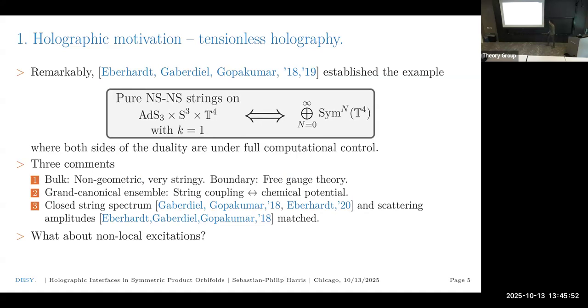Then another comment about this grand canonical ensemble. So symmetric product orbifolds, Sym^N, are, as I will review, S_N gauge theories, and the N here is the size of the gauge group. And typically in string theory, I suppose you would assume that the dual gauge theory should be some fixed N theory, and you would like to relate N to the string coupling.